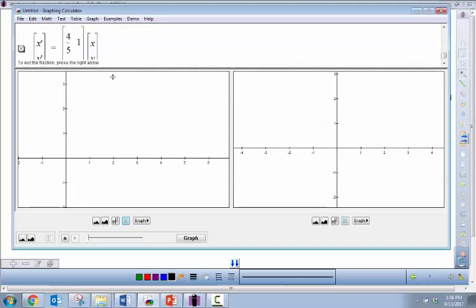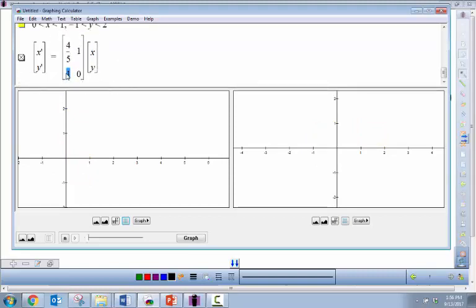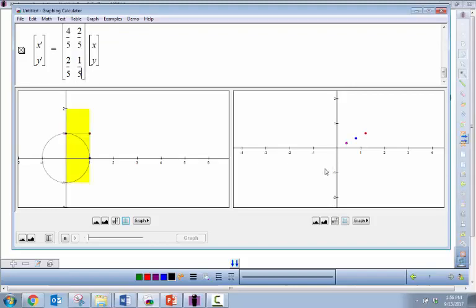So 4/5, 2/5. And remember, it's done vertically, right? And then 2/5, 1/5. They all landed here. It did, but our red dot isn't at 1/2.